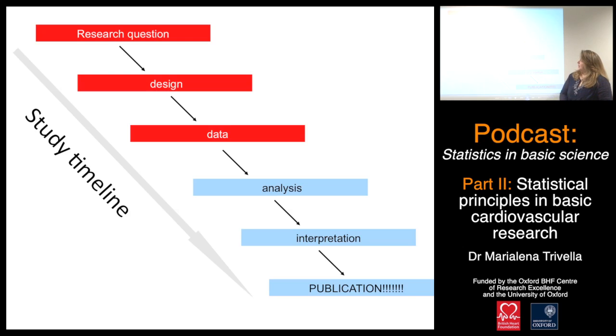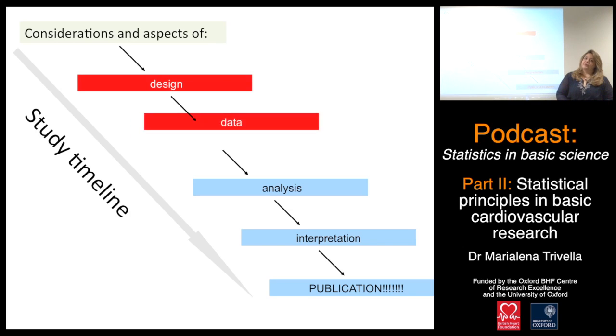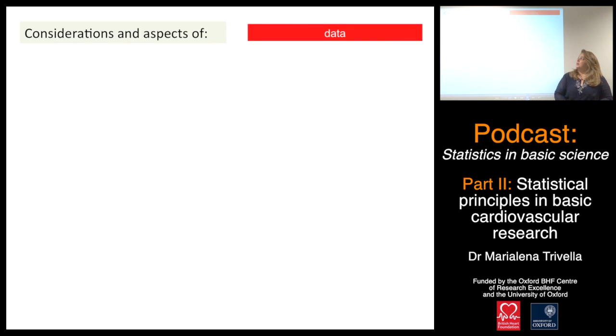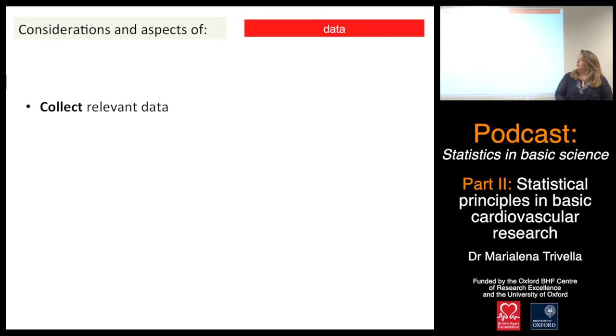Moving on to the data collection considerations and aspects, let's have a look at what we need to think about here. It's quite important to decide on the correct items to collect when you're doing your data collection. Try to collect items that are useful.